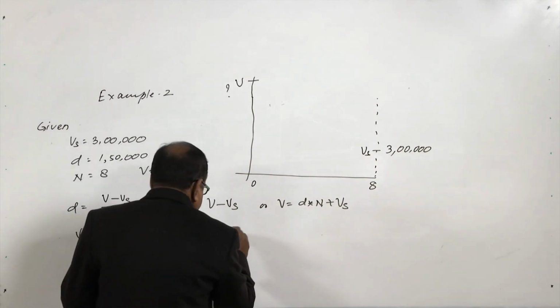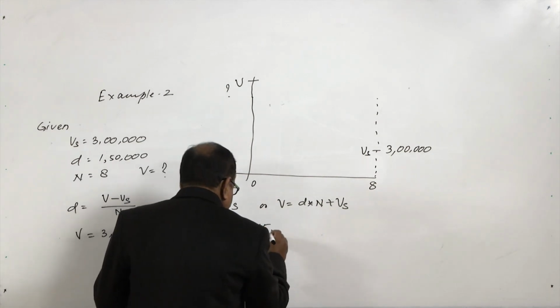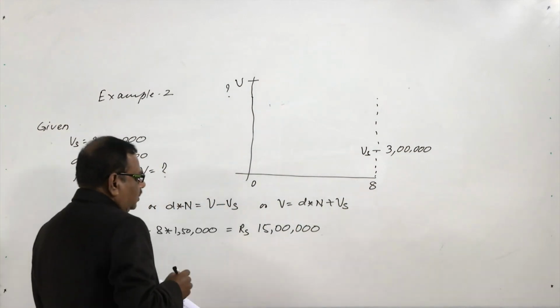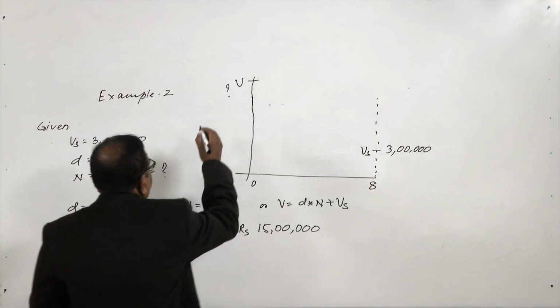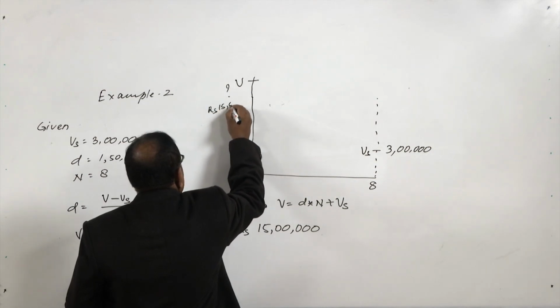It comes out to be rupees 15 lakhs. So, the value of V comes out to be rupees 15 lakh.